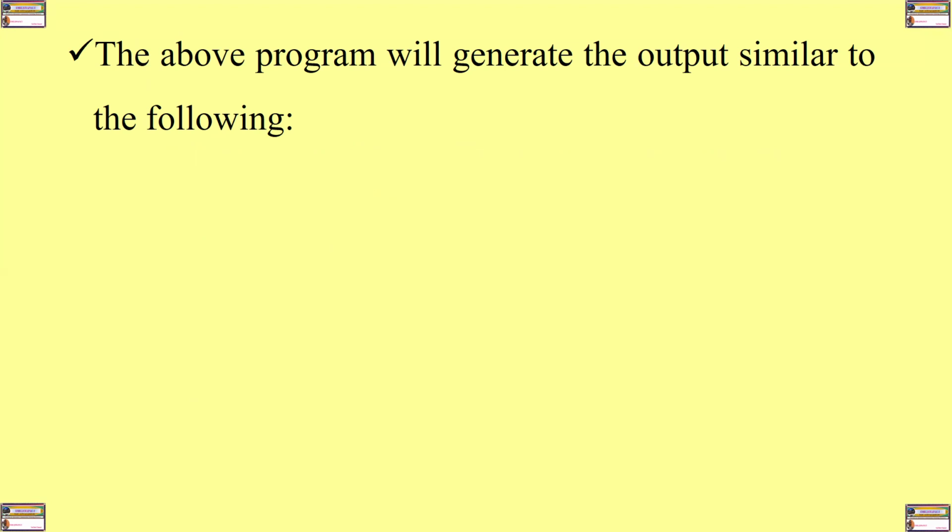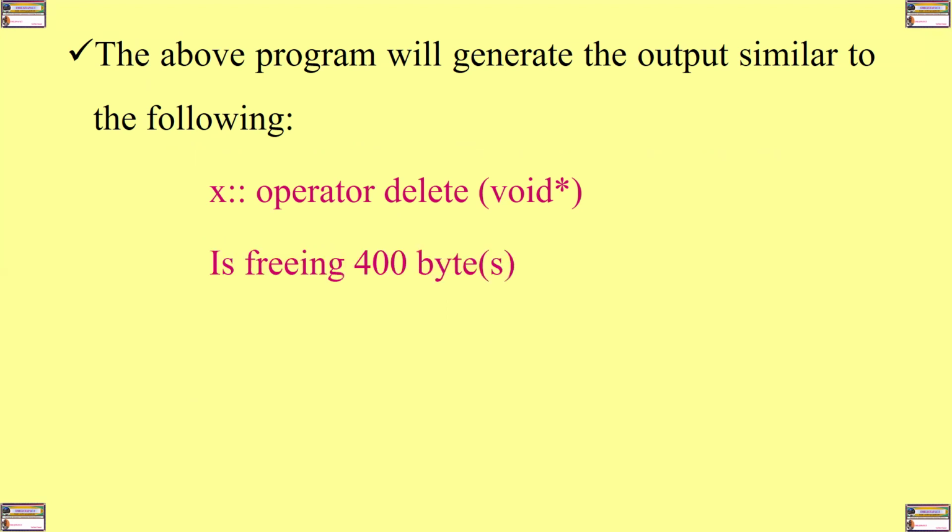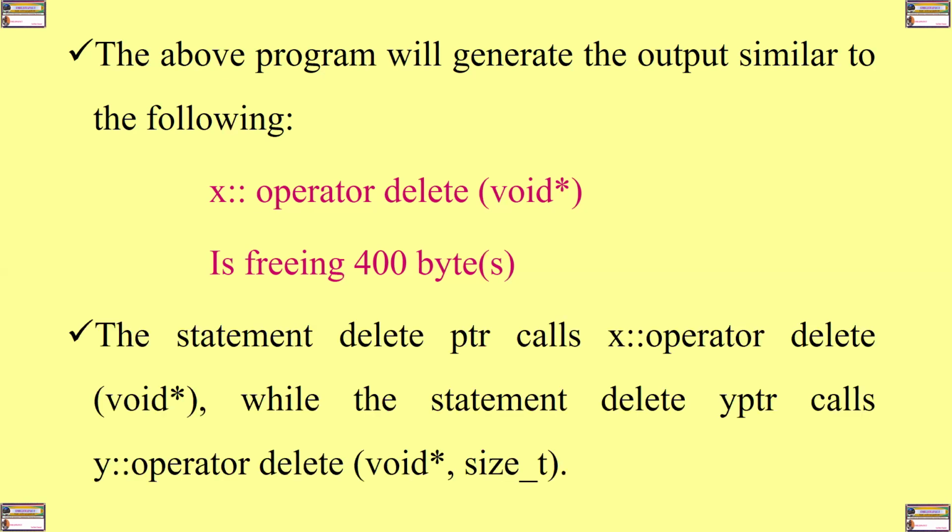So first of all is this statement. This statement will be displayed telling us that the operator delete has been able to set the following memory free. So operator delete, which is under the scope of class X, will be able to set 400 bytes of memory free. So this is what we expect to see.